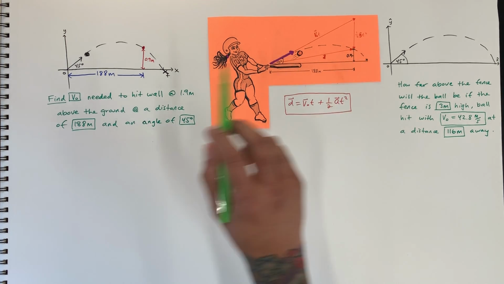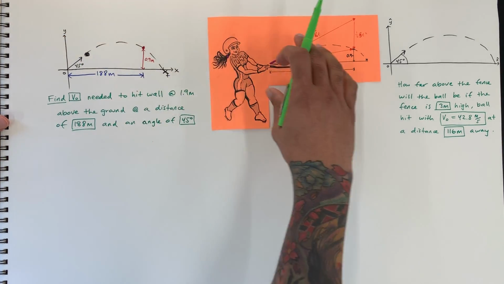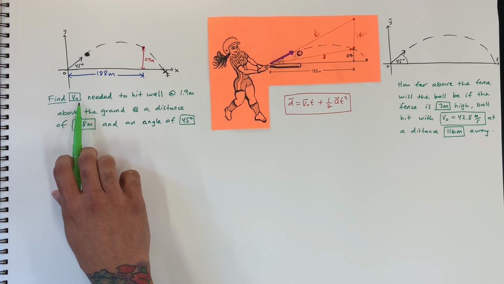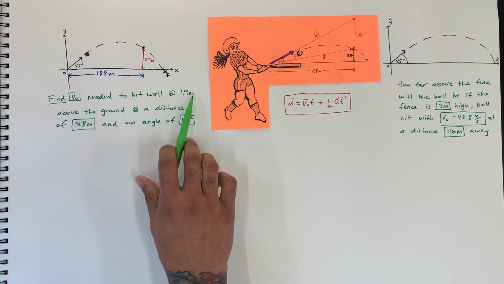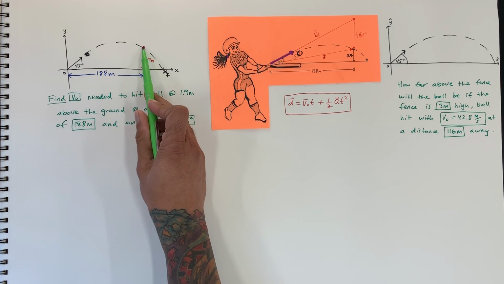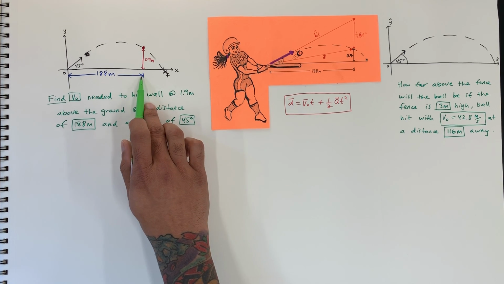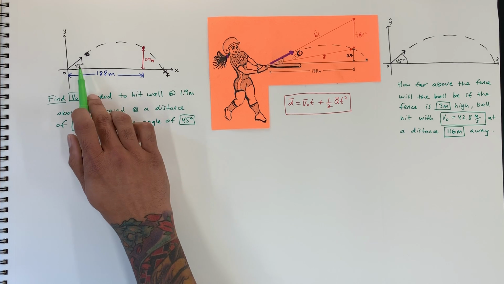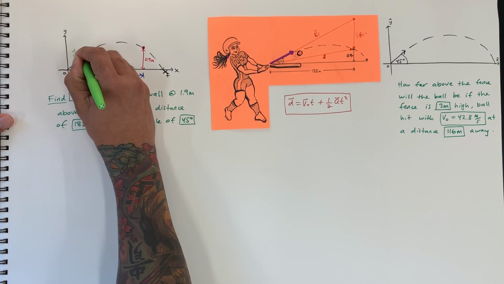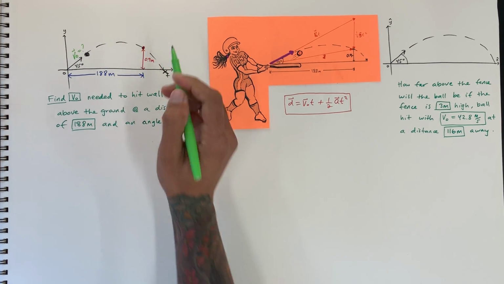This is the same drawing as before, and we need to find the initial velocity needed to hit the ball at 1.9 meters above the ground, which is right here, at a distance of 188 meters away at an angle of 45 degrees. So what is the initial velocity needed in order to make the ball reach this area?